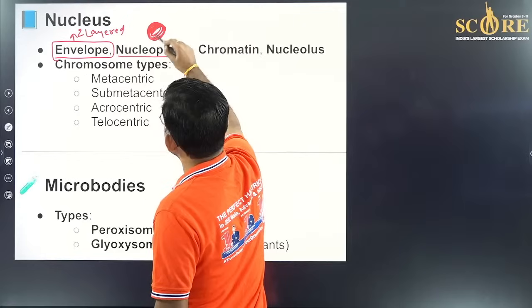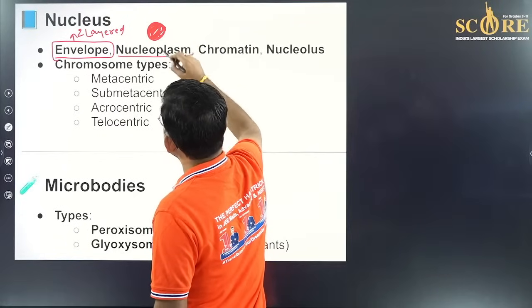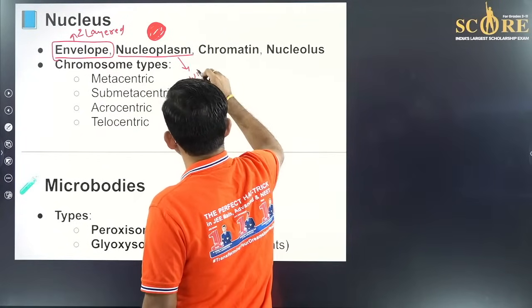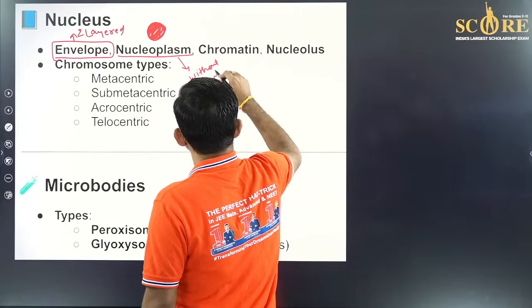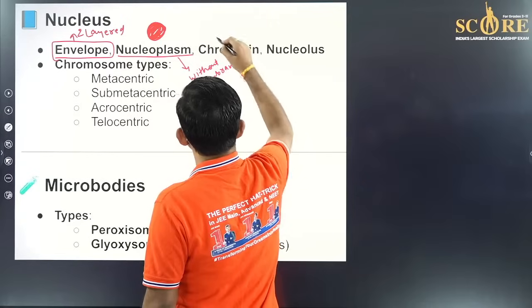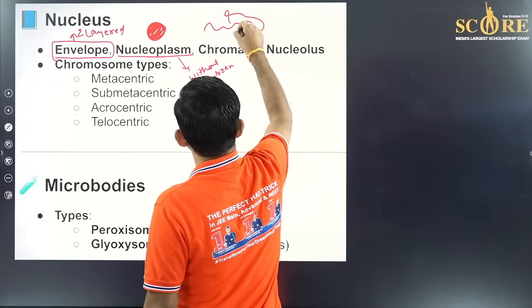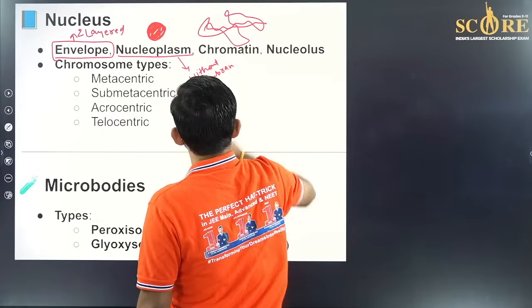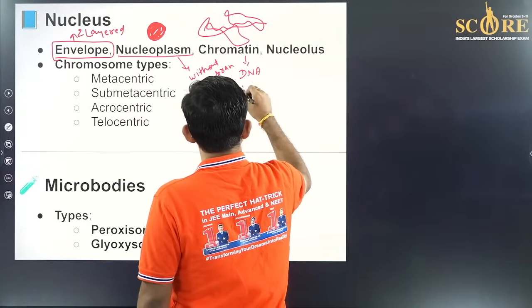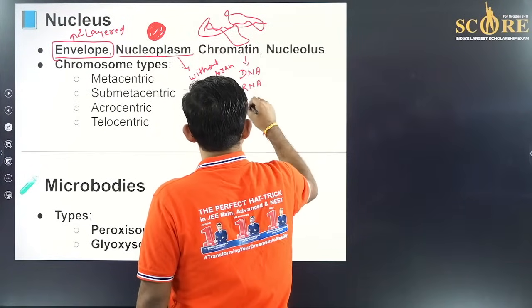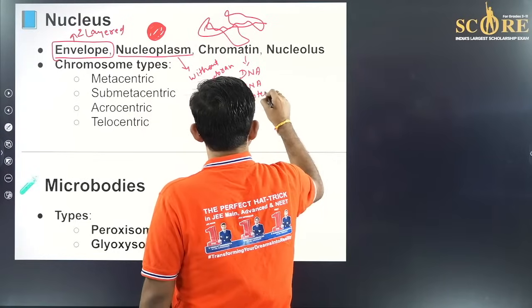right, like this, and it is without membrane. Then chromatin is the DNA, a thread-like structure. So chromatin is made up of DNA, although some RNA is also there, some protein is also there, right?